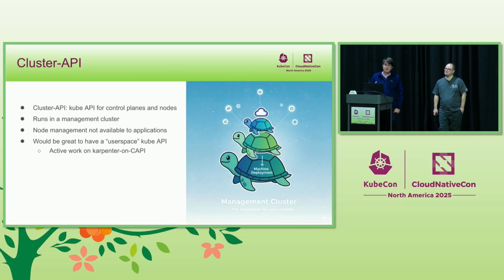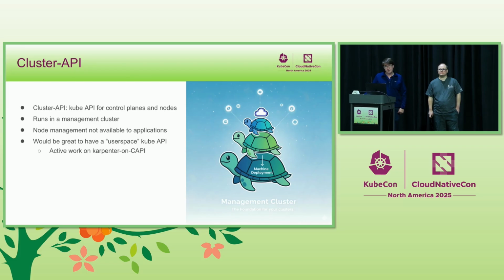Another shortcoming or problem with Cluster API from this perspective is that it traditionally runs in a management cluster. And so node management is Kubernetes, but it is not available to applications. So this hypothesized use case where suddenly applications are able to create nodes dynamically for exactly what they want becomes harder. It would be great to have a user space API for machine deployment or machine in CAPI.